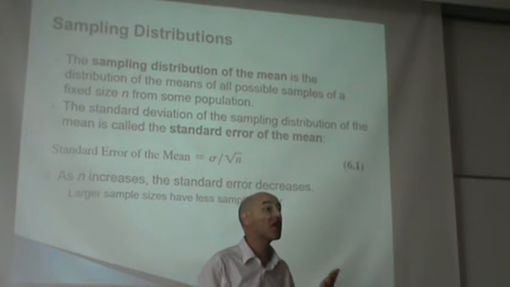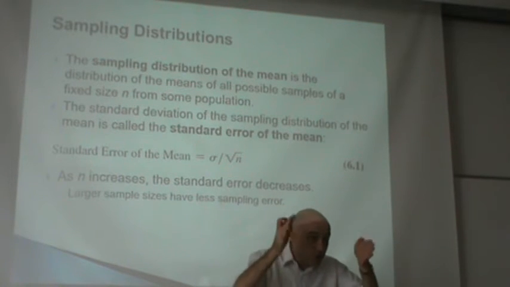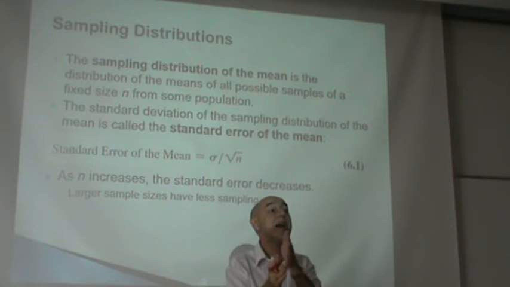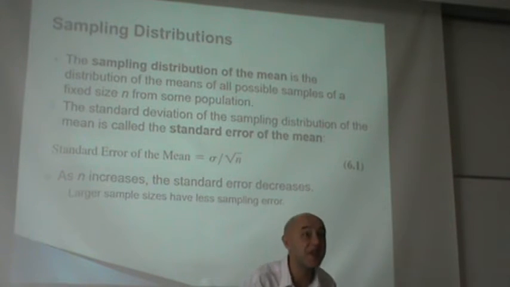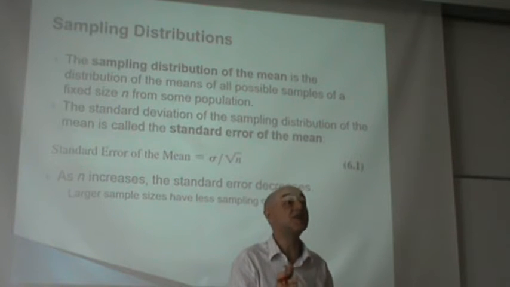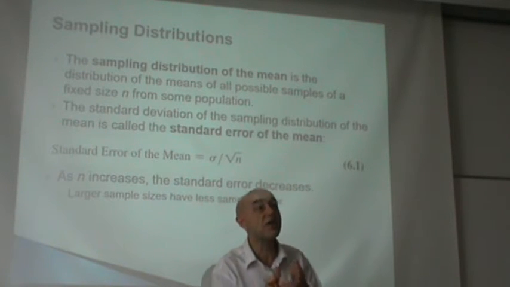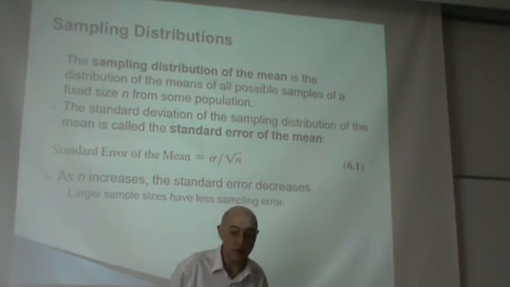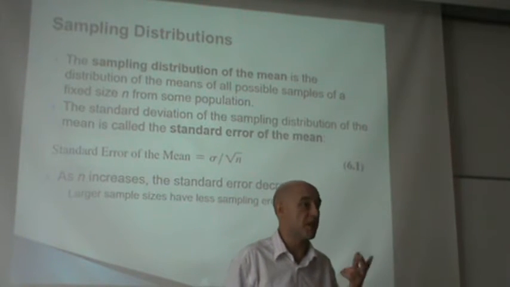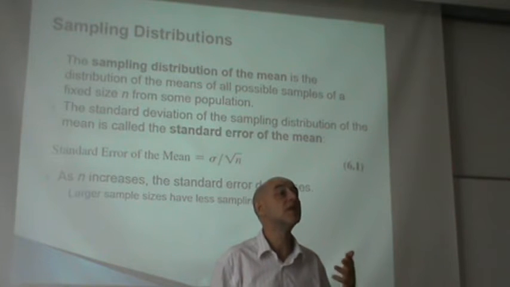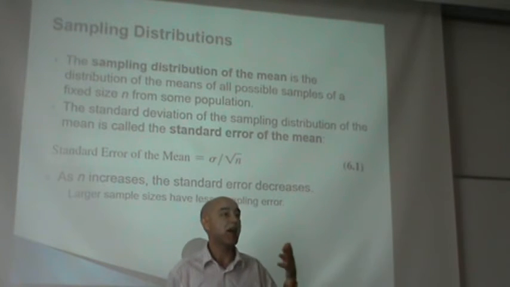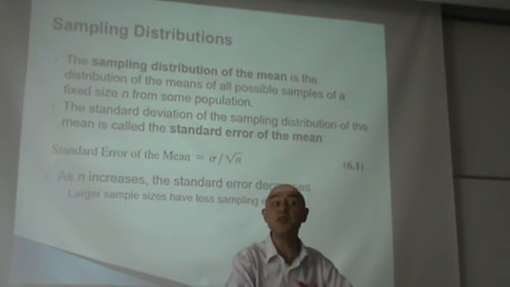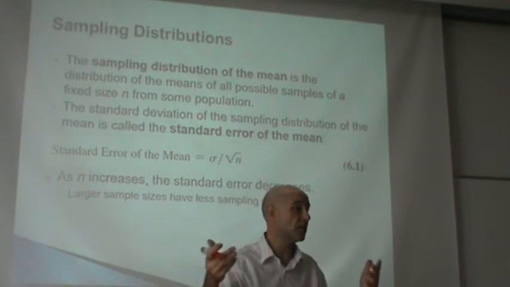And the standard error of the mean tells you how much you can trust your estimate of the mean. It tells you the error, meaning the standard error of the estimate of the mean. So that's the first thing to do. When you have your midterm, don't confuse standard error with standard deviation. These are totally and completely different.